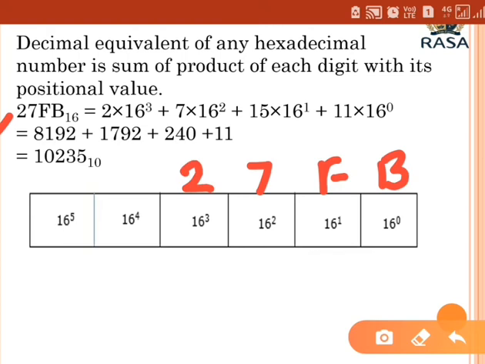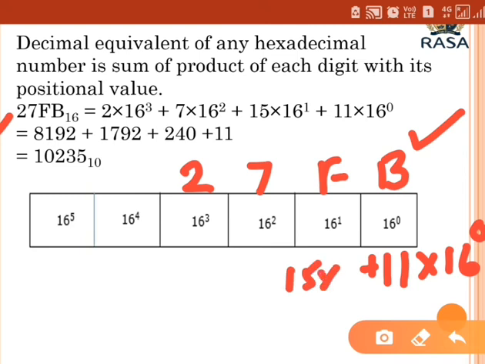So base is 16. The value of B in the decimal number system is 11, and this is 11 into 16 to the power 0 plus the value of F is 15 into 16 to the power 1, then the value of 7 is 7.